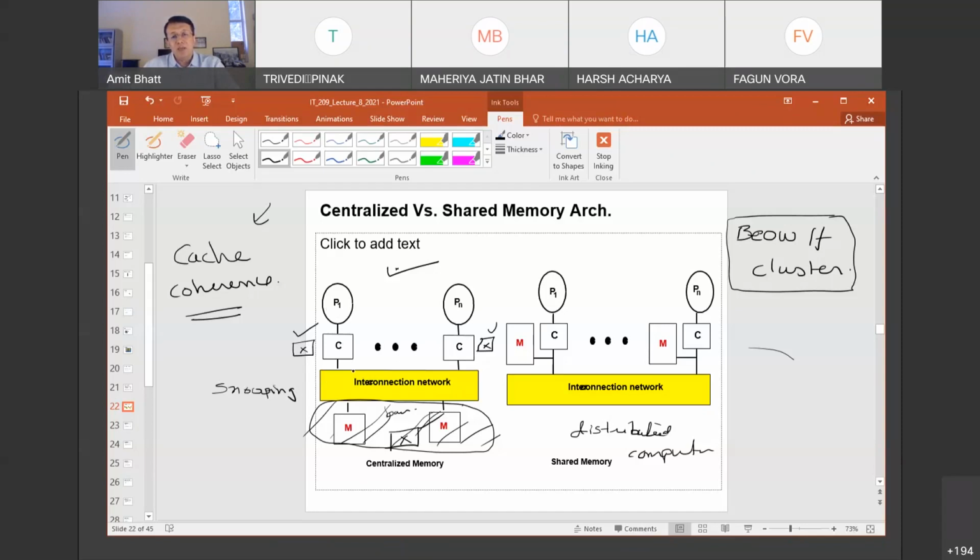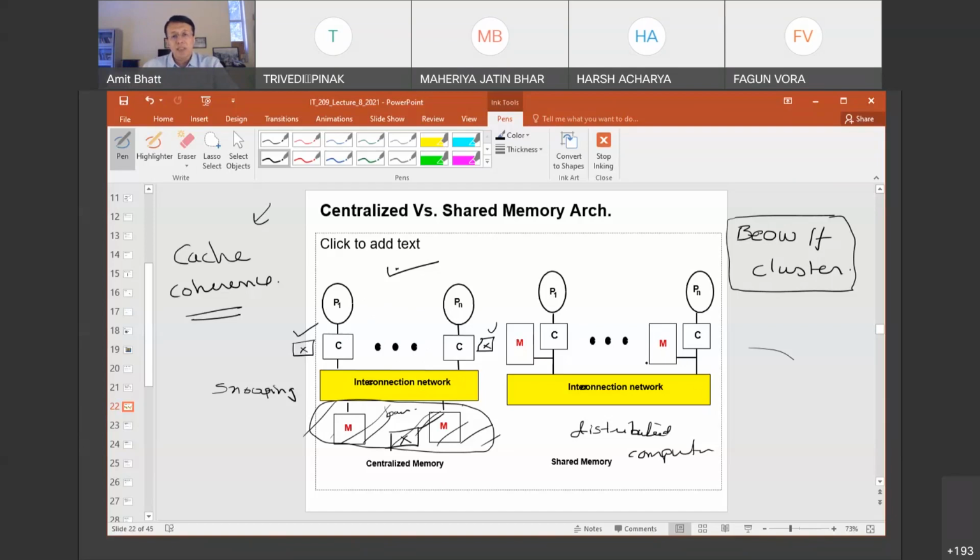So all these processors keep snooping on what kind of data is flowing through the interconnect network. As soon as Pn says, oh, I changed the value of, say, block X, it puts this message over here. Whichever processor has this block X in its cache takes notice and immediately changes the status of its X block, saying, okay, don't use it because now this is an old block.